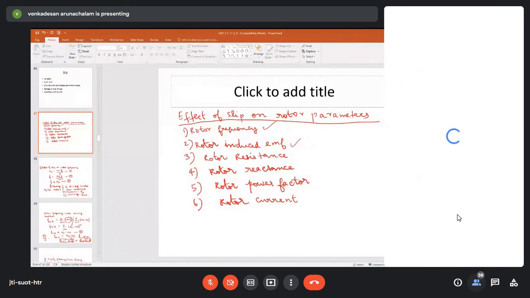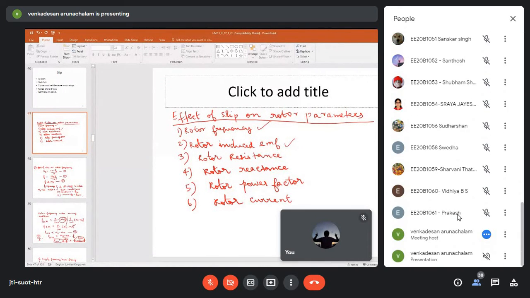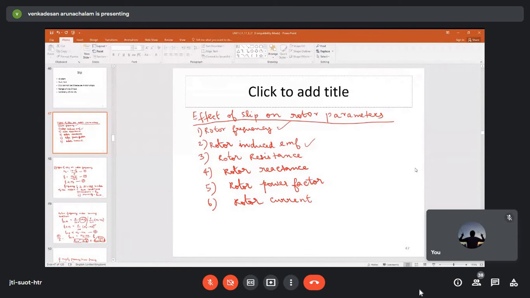So what is this difference doing on the rotor? That we have to understand. One by one we will take these parameters and analyze them.